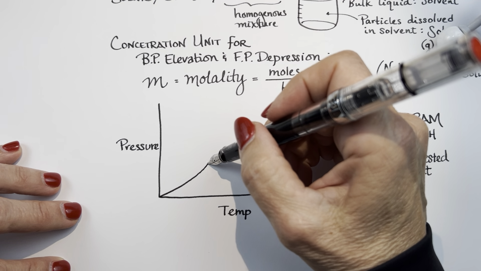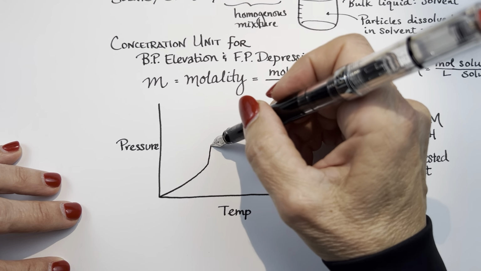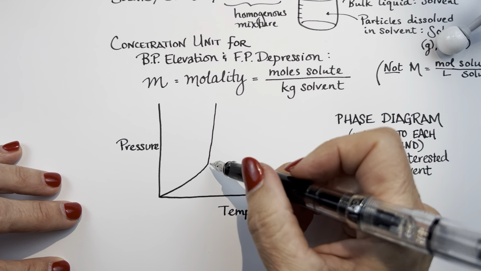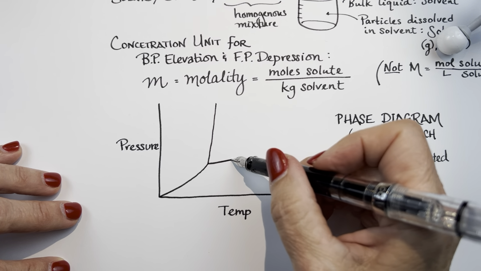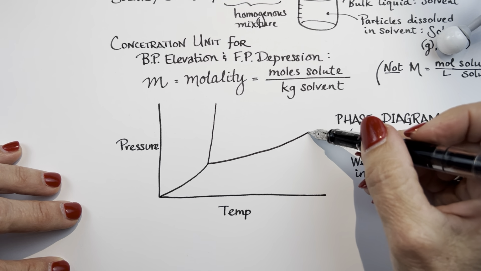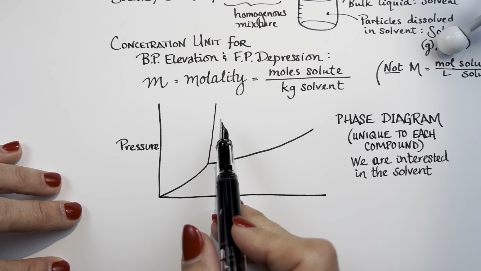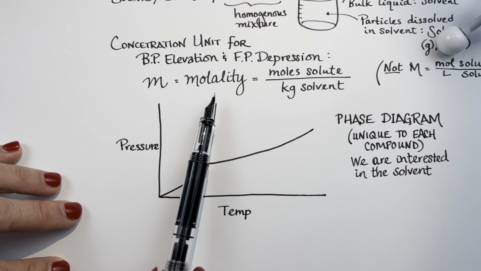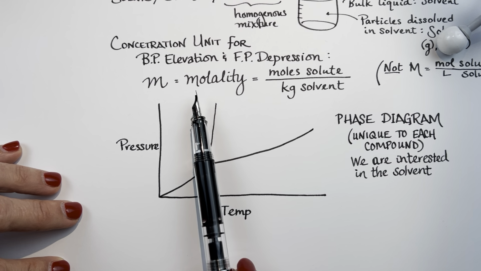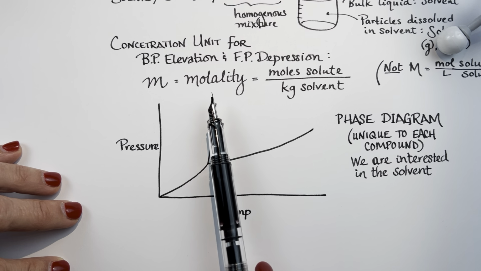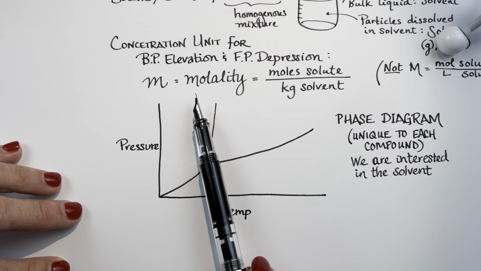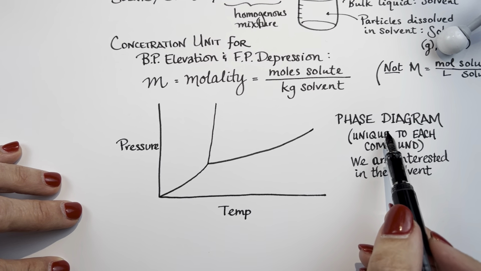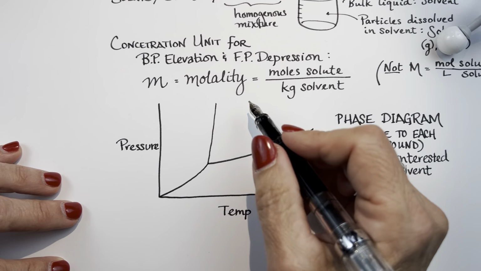And then, depending on the compound, we will see different behaviors in whether this line is sloped this way. Sometimes it'll be more straight up and down, and it can even slope this way, which it does with water. So we've got some different possibilities. Again, it's unique to each compound.